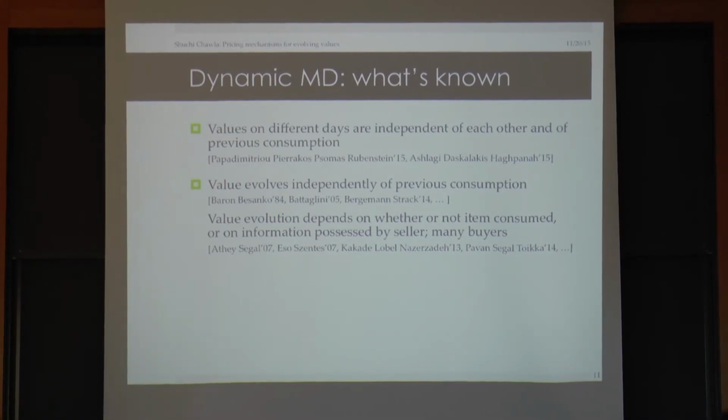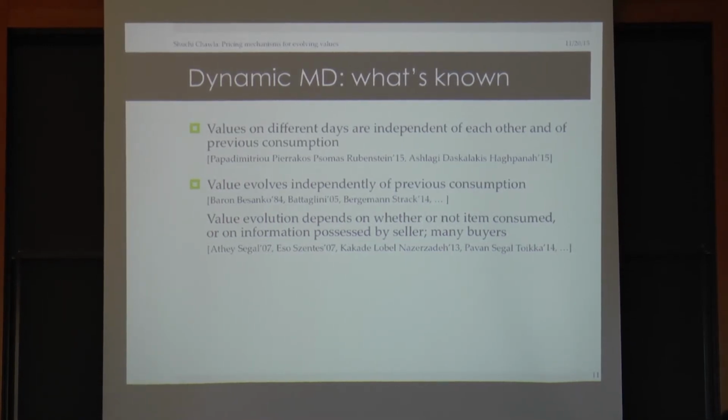Like I said before, there's been a whole lot of work in economics on these dynamic settings, starting as far back as '84. And they've looked at all kinds of setups: values that evolve independently of consumption over time, value evolution that depends on whether or not the item was consumed, or maybe depends on some information that the seller possesses that the seller can think about whether or not to share with the buyers, and so on.